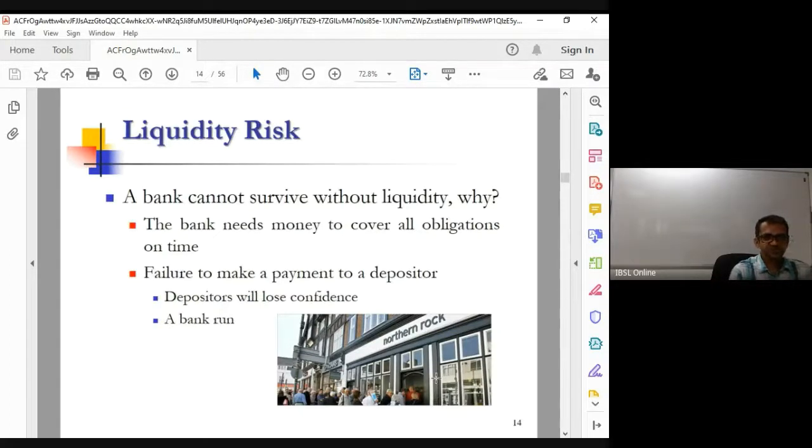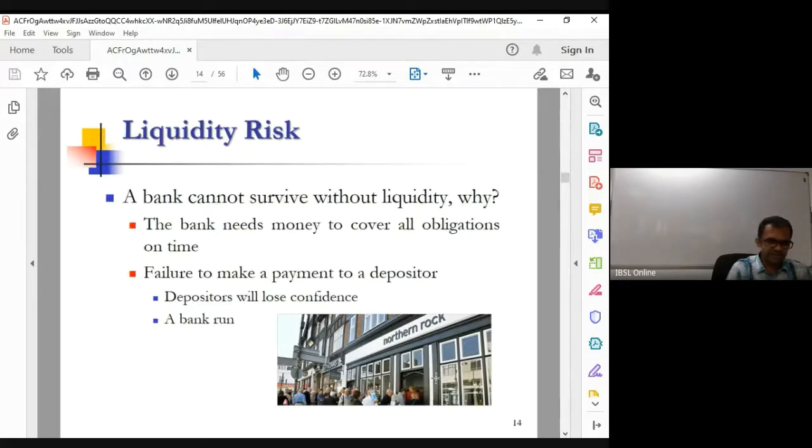Should be able to meet all these obligations on time. If you fail, first thing what would happen, depositors will lose their confidence. The bank is at a risk. The bank will lose its reputation. Then what would happen? There will be a bank run. That is the minimum. Bank run is the minimum if you fail to meet your obligations or liquidity requirement.